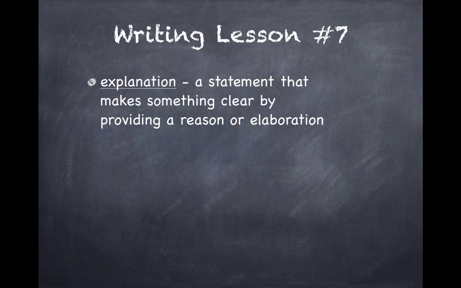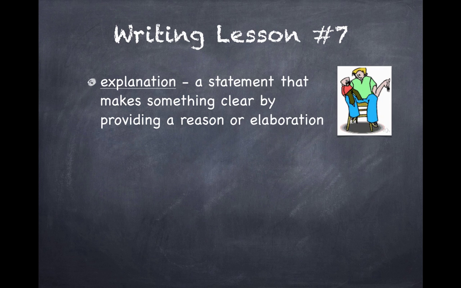These transitions will get you to your explanation, which goes hand in hand with your hook. A statement that makes something clear by providing reason or elaboration, that's what we're going for. So when you use your hook, it may not be clear to the reader why you used that or how that coordinates with the topic.